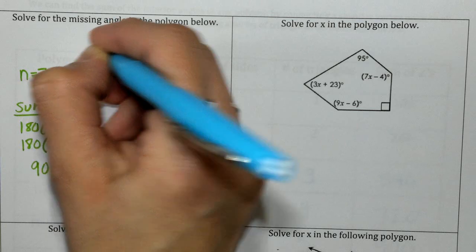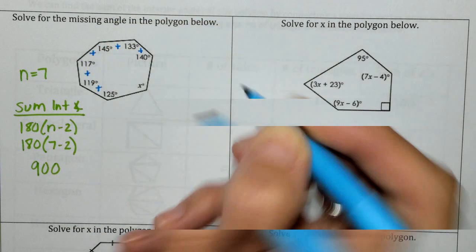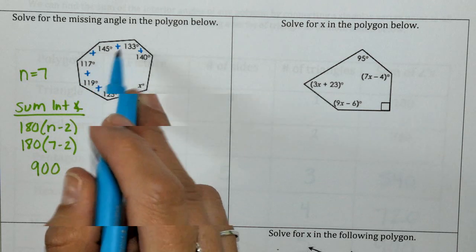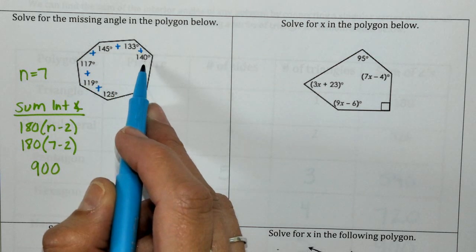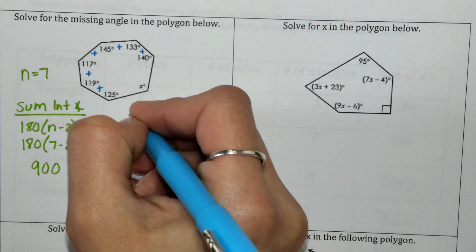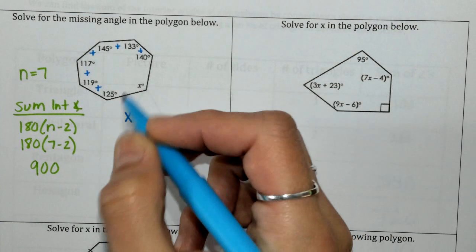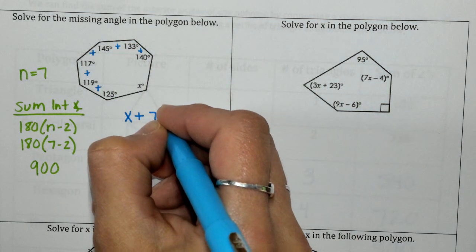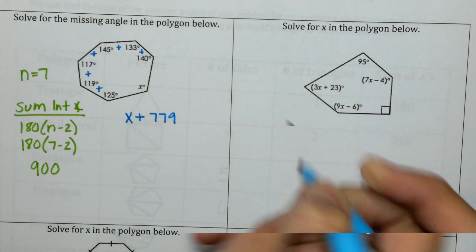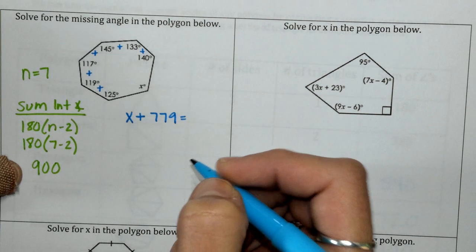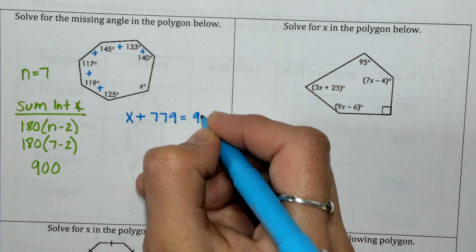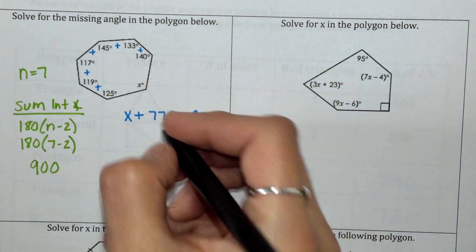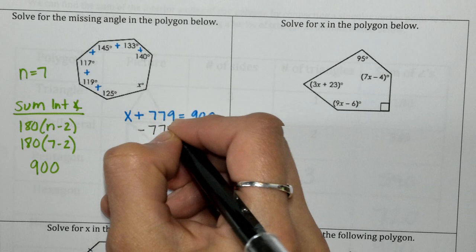In the calculator, if we add 125 plus 119 plus 117 plus 145 plus 133 plus 140, we're going to wind up with x plus the sum of all those angles that they gave us, which would have been 779. And then we set this equal to that sum of 900. And all we're going to do is subtract now. That's it. We subtract that 779. Go ahead and get that.